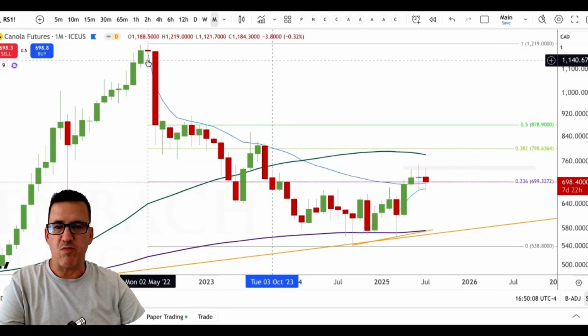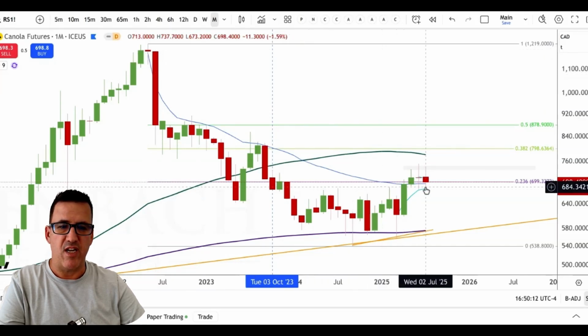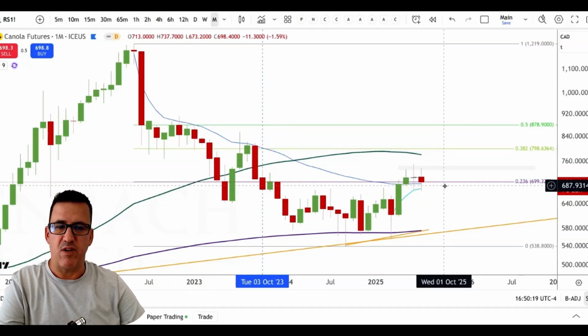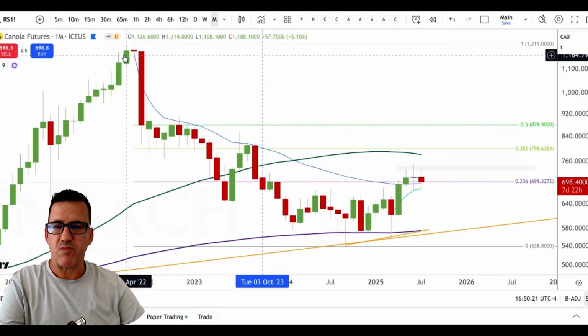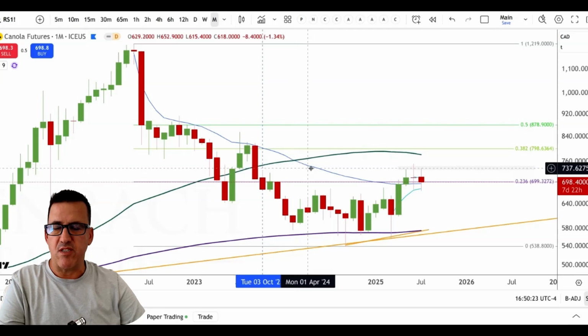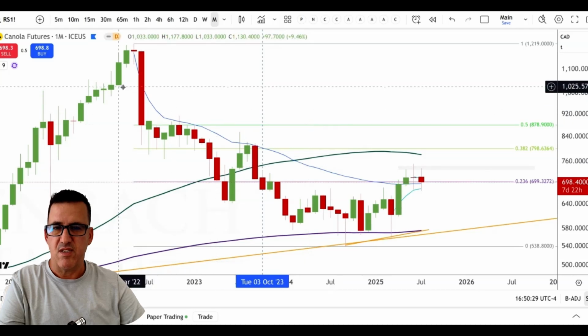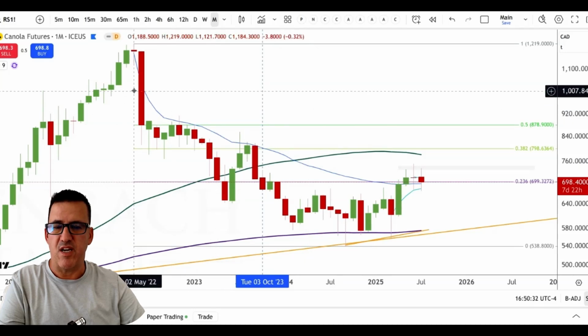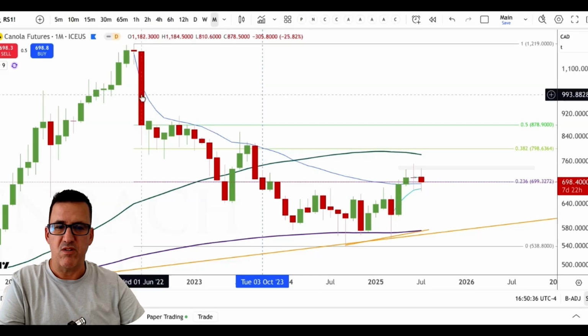Probably more important is this blue line here. This is the anchored volume weighted average price from the May 22 high. And right now on the monthly chart, we're finding some support from that. The buyers are keeping the price above that level. Why is that important? Because this line represents the average price paid per contract of canola since the week of May the 2nd, 2022, a little more than 3 years ago.